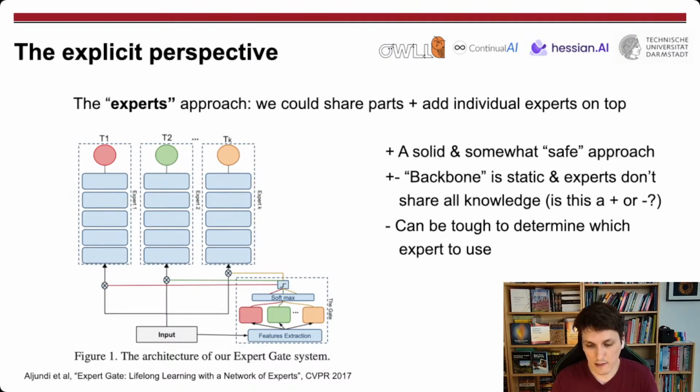On the definite, at least in my opinion, but also shared by multiple scholars in the literature, on the definite negative side, there is potentially a difficulty, a challenge in figuring out which expert is supposed to be used. So even though you may have a gating mechanism on the bottom telling you that after you've surpassed your shared layers, your shared representations, you need to now start making a decision for a new example during prediction, which of the experts to infer.